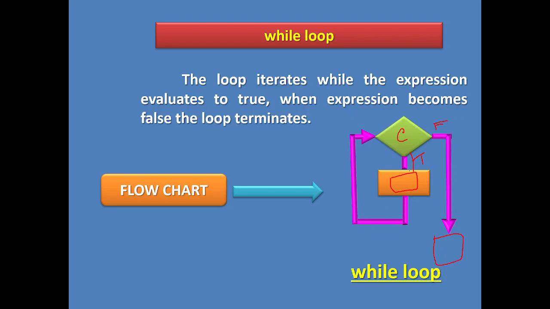If the condition is true, it will run the block of code, and again it will check the condition. Again, if it is true, it will run the same block of code, then go back to the condition and check it. You can understand from this expression that a loop is being created: from the condition to here, then the block of code runs, and again it goes back to the condition. This is the loop actually. I hope you have understood, right?